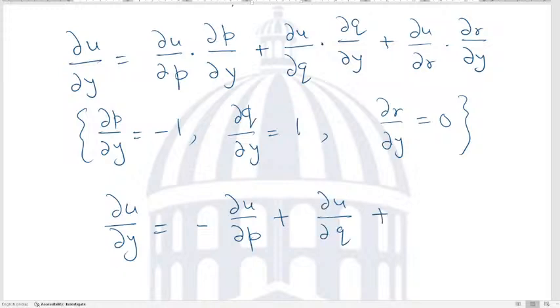And then plus ∂r/∂y, which is 0, so the last entire term is going to be 0. And that will give us the second equation. We get the second equation over there.